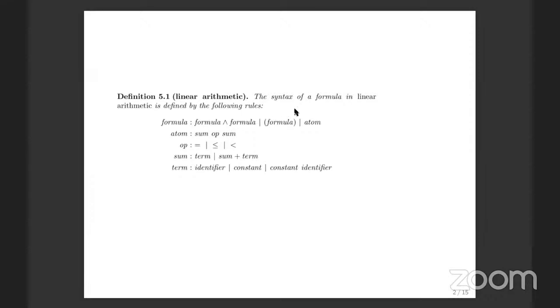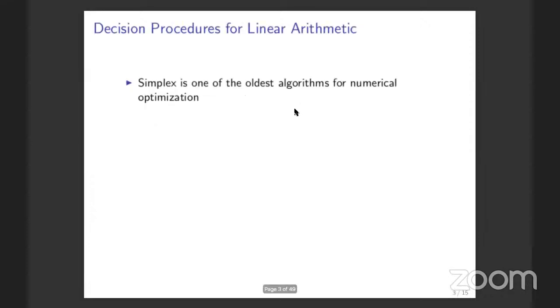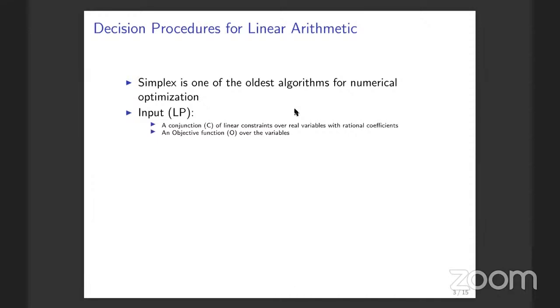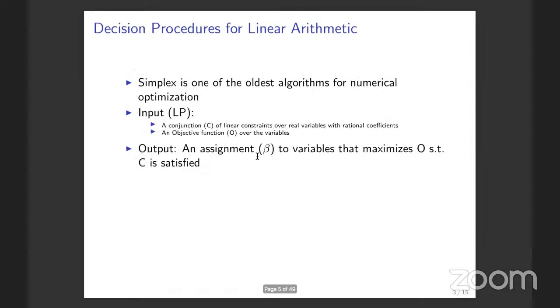So it's a conjunctive fragment of linear arithmetic. Simplex is one of the oldest algorithms for numerical optimization. So the input is what is called a linear program, a conjunction of linear constraints over reals with rational coefficients, along with an objective function, as I mentioned.